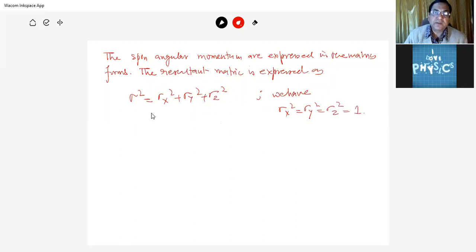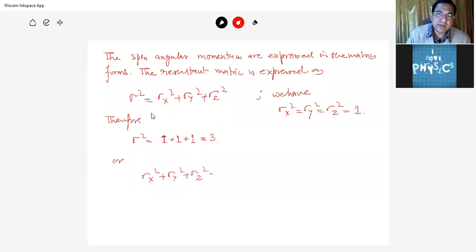Therefore sigma square is equal to 1 plus 1 plus 1, that is 3. Or we can express sigma x square plus sigma y square plus sigma z square is equal to 3.